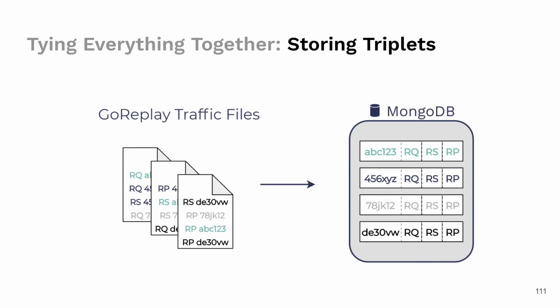Because all of our traffic data is HTTP requests and responses, which are already very commonly represented with JSON, and because our data isn't very strongly related beyond correlation IDs, a document store like MongoDB proved to be a perfect fit.